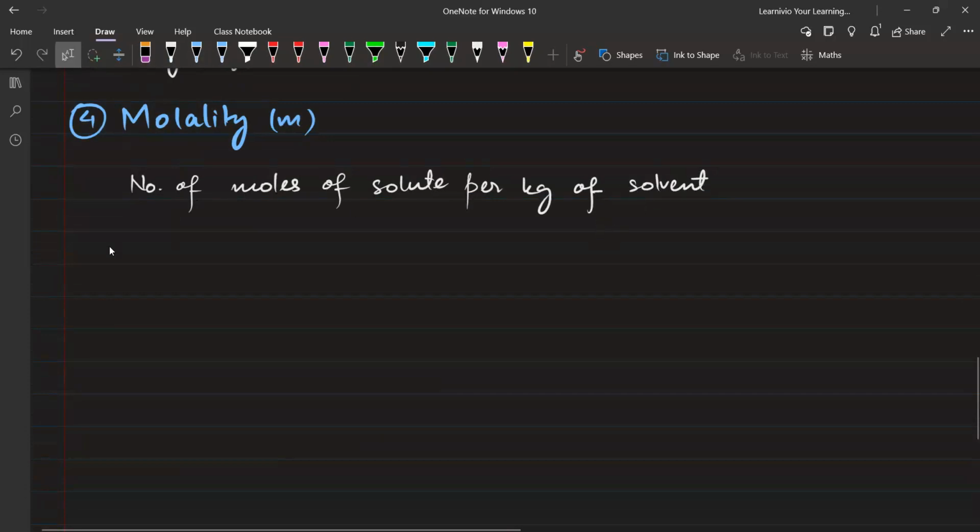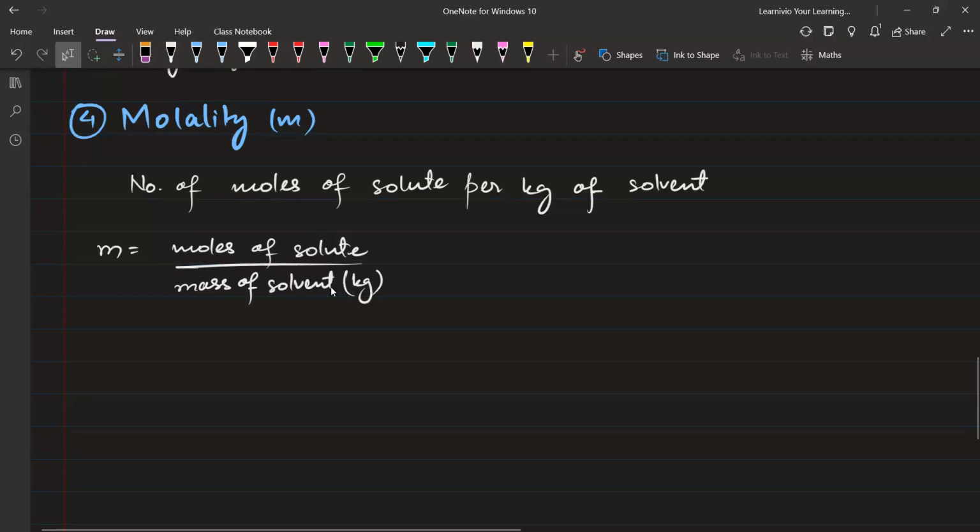Basically, molality will be equal to the number of moles of solute divided by the mass of solvent in kg.